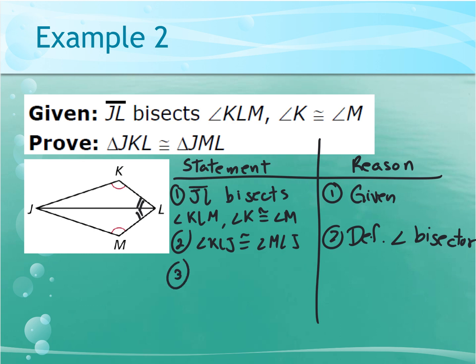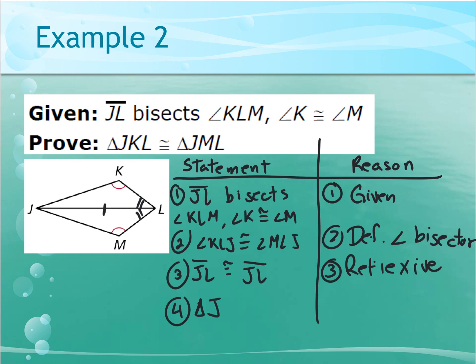Now for step 3, again, I mentioned the easiest would probably be angle side. And this is JL equals itself. So I can say JL is congruent to JL. That's the reflexive property. And step 4, we can say that the proof, because we have the angle that's given, the angle we stated, and the side that we stated in that order, we can say that triangle JKL is congruent to triangle JML by the angle side.